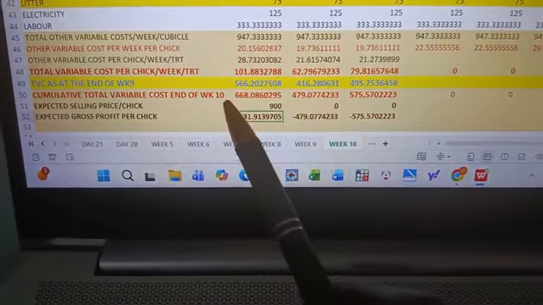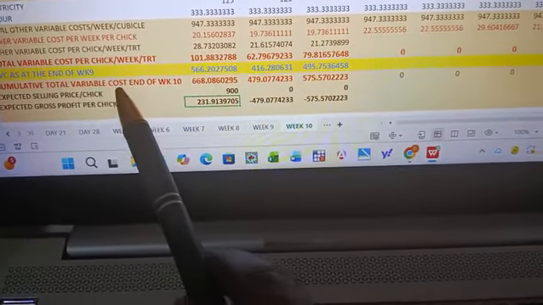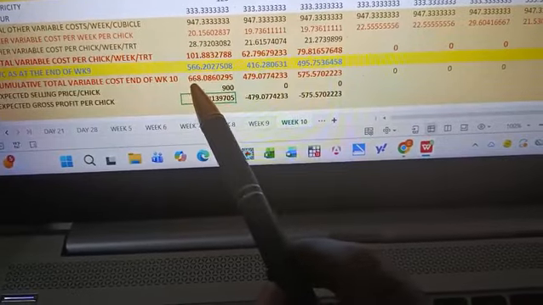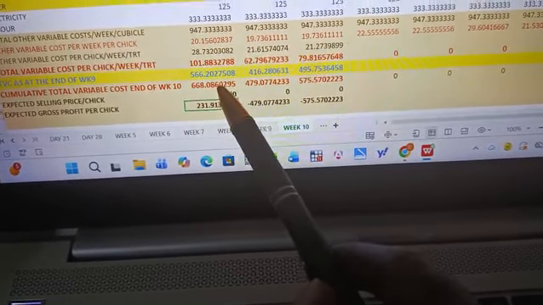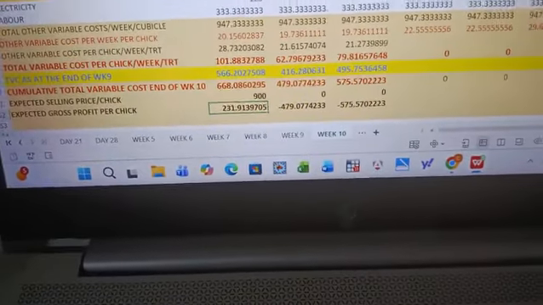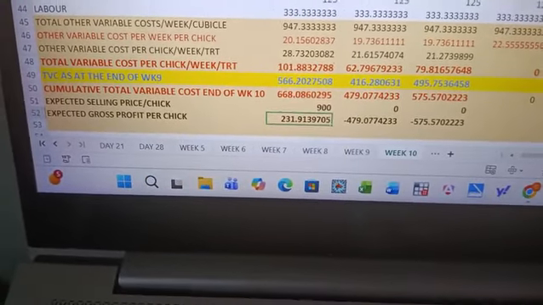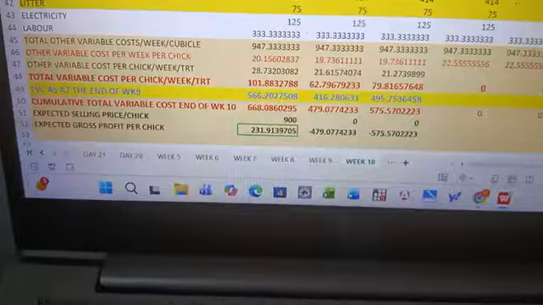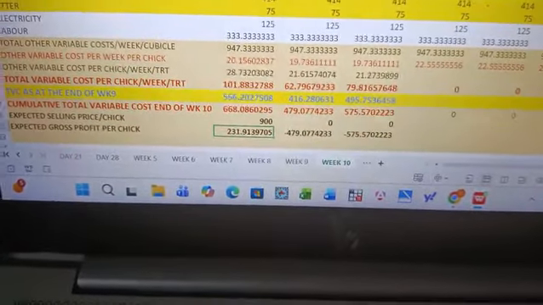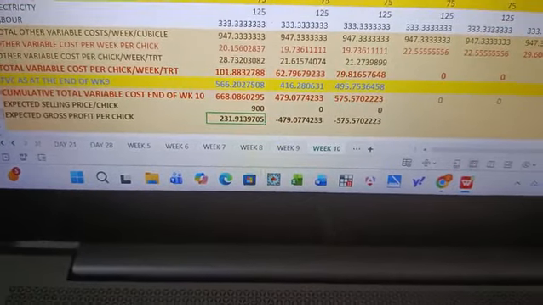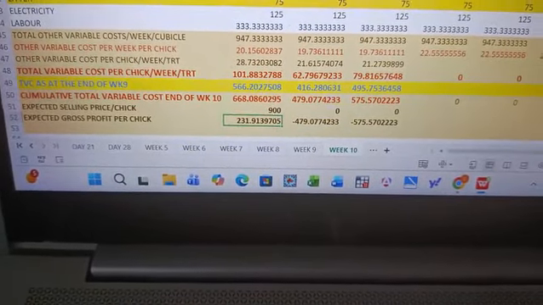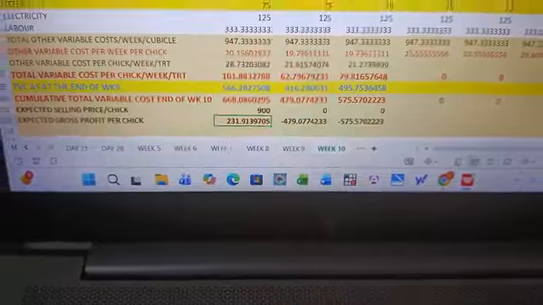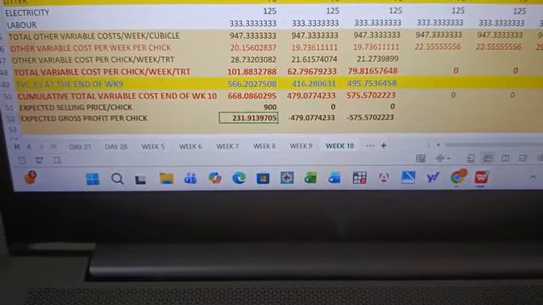And then finally we have the cumulative total variable cost at the end of week 10. This is a very important statistic that farmers of course need to know, how much we have spent on each chick, on each feed category since the time the chicks were brought on that 1st of December 2025 up to the end of the 10th week, that was Wednesday last week.